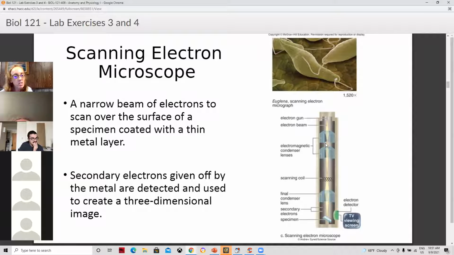And it activates electrons in the metal that then fly off and start bouncing off. Those electrons activated within the metal, so that the electrons can't move right through the specimen, bounce off and create the image that you see.